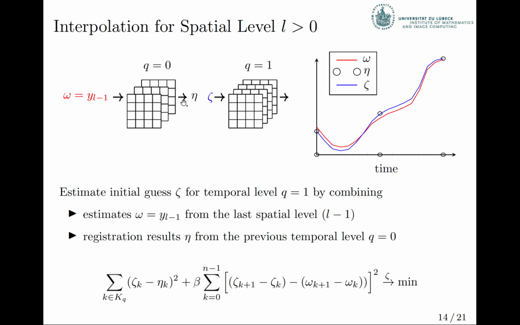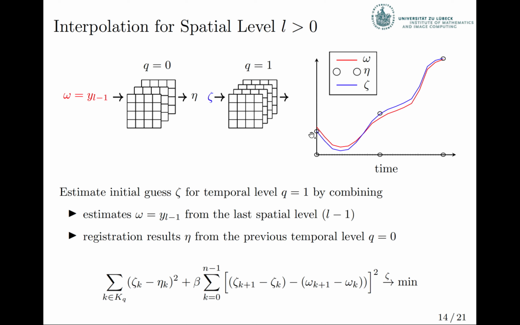So first we register 3 images. For that we use the deformation field which we have calculated at the coarse resolution. That is represented by omega here, and that is the red line in this plot. Now we register these 3 images, we get an improved estimate, and that is represented by the black circles here.